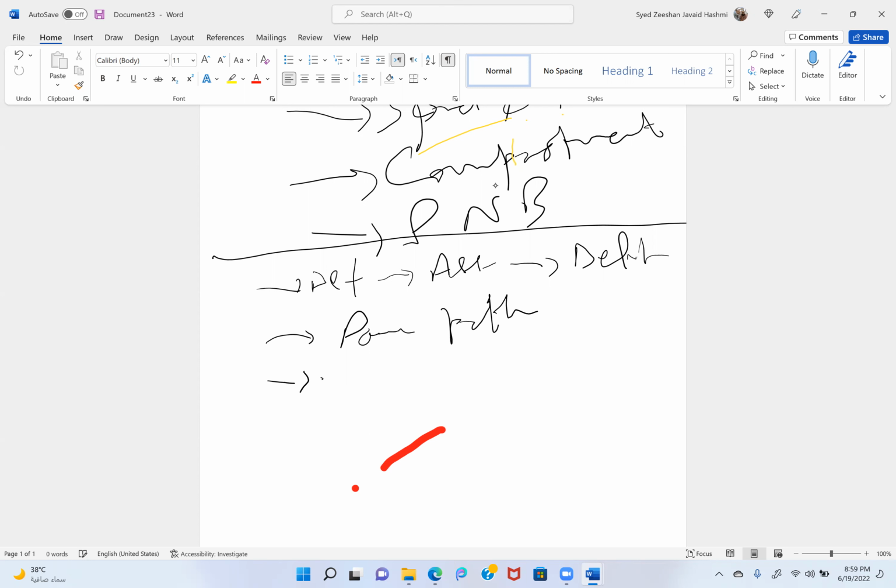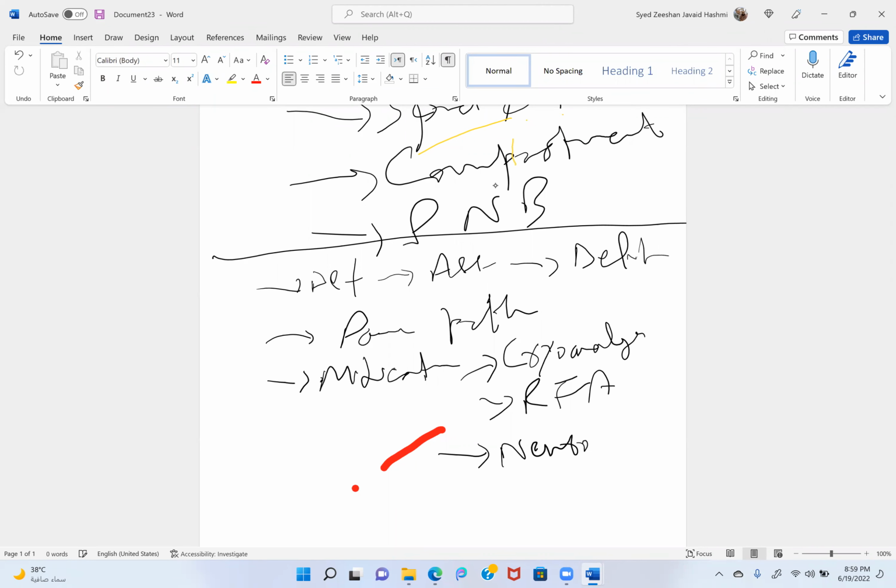One is medications: we discussed some medications acting at different steps of the pain pathway, transduction, transmission, modulation, perception. There are some other therapies which you should know about: cryoanalgesia, radiofrequency ablation, and neurolytic blocks.